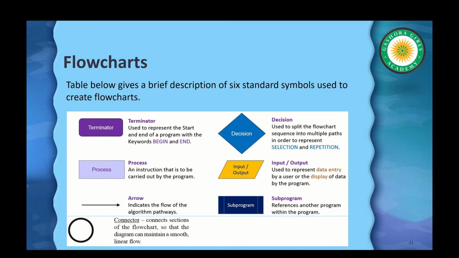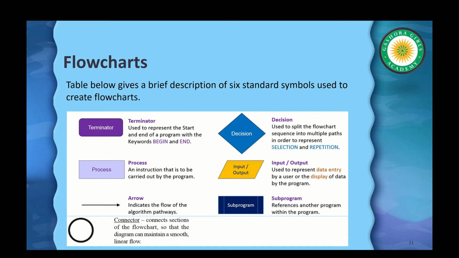Another symbol is this type of shape, which is a parallelogram, I think. This represents input and output, which represent the data entry by the user or the data output or display of data by the program.